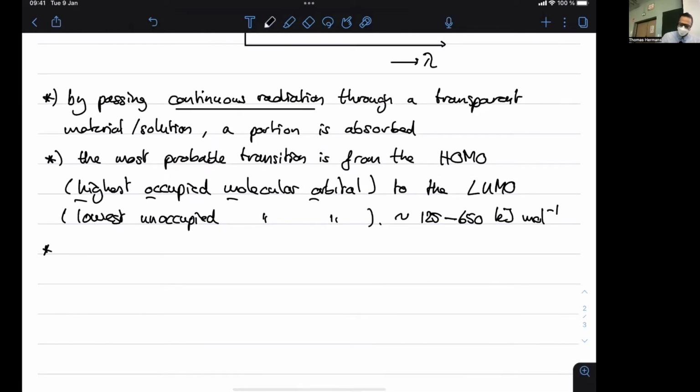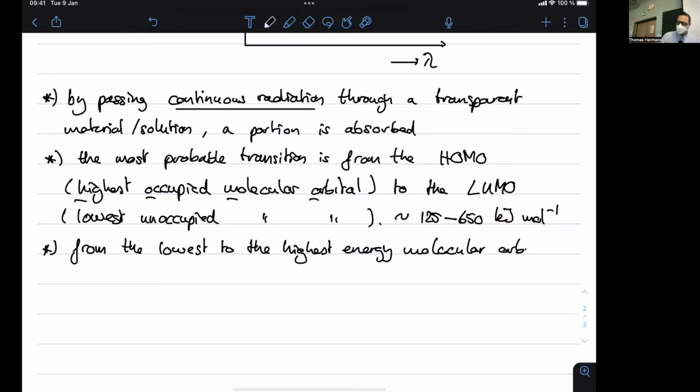Okay, so if we sort the energies of the molecular orbitals from the lowest to the highest energy, we find first sigma orbitals. So they come from sigma bonds, right?